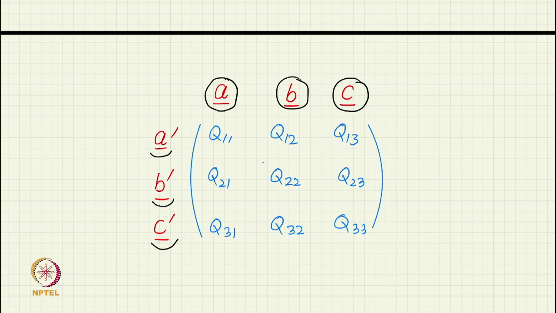So, this becomes our coordinate transformation matrix. A way to remember is that on the top we have the old basis vectors and on the left we have the new basis vectors.